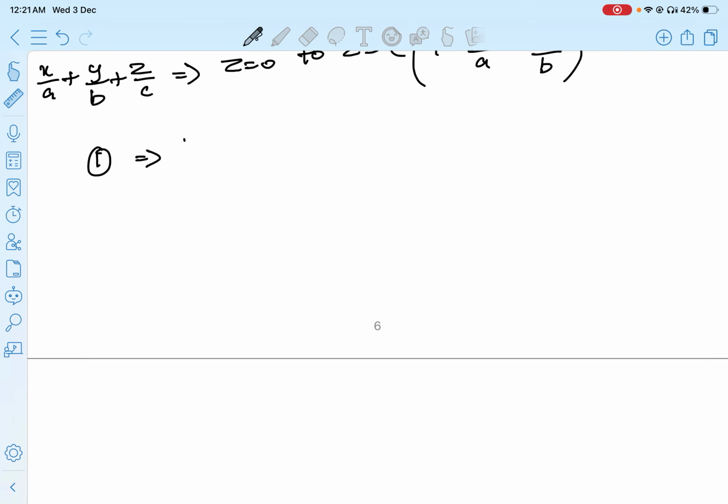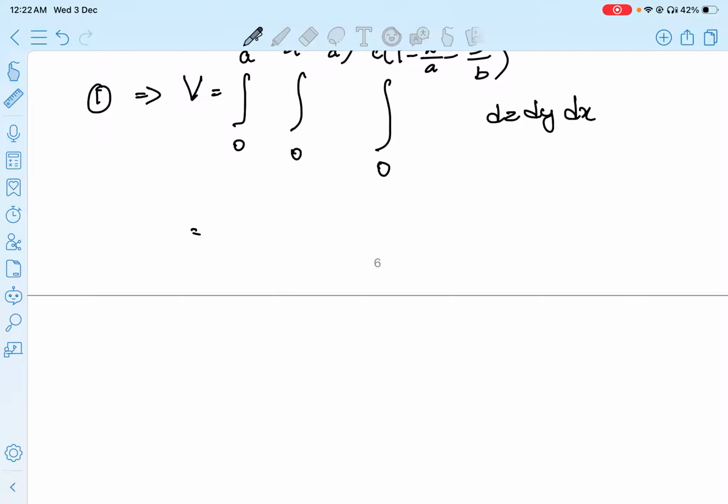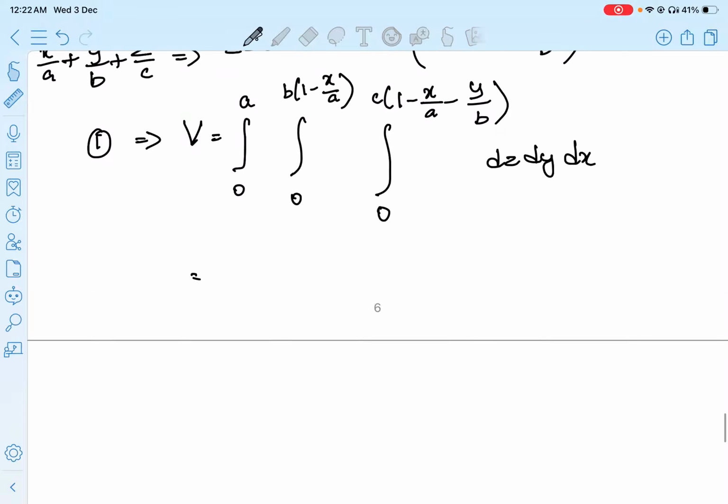So volume equal to integral where x is from 0 to a, y is from 0 to b into 1 minus x by a, and z is from 0 to c into 1 minus x by a minus y by b, dz dy dx. First we are going to integrate with respect to z. We don't have z here.